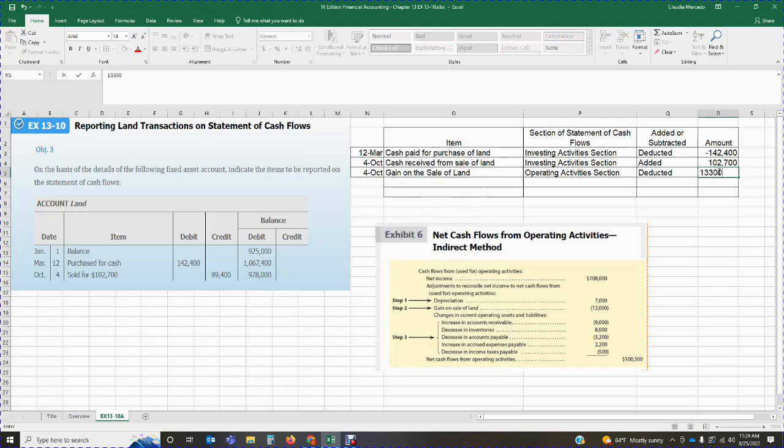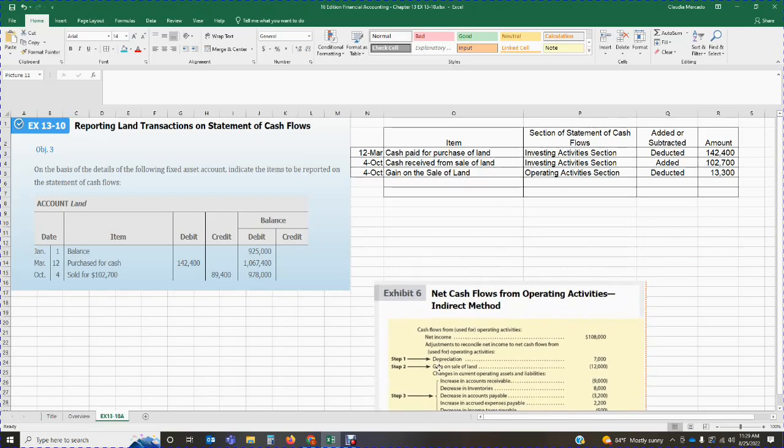I was looking back at the problem on Cengage, and the dollar amount does not have to be entered in minus for the setup, because I'm already saying that we're going to deduct 142,400, we're going to add 102,700, and we're going to deduct 13,300. So these dollar amounts really don't matter. They should be all positive because we are already identifying if it's going to be added or subtracted. That's just the setup. If we are actually preparing the statement of cash flows, then you would be entering those with minus.